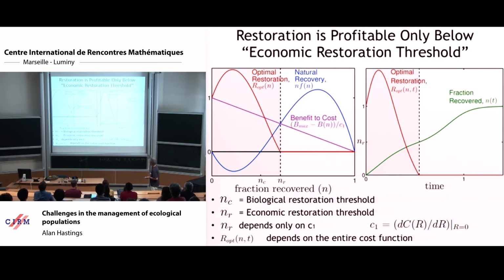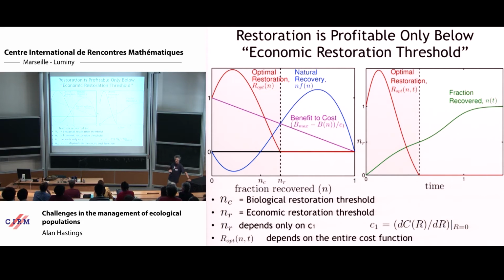This displays, in ways that take me a little bit longer, that the threshold itself depends only on C1. If you're an economist, this would not surprise you, it depends on the slope. The actual strategy as to how much you should restore depends on the entire cost function.